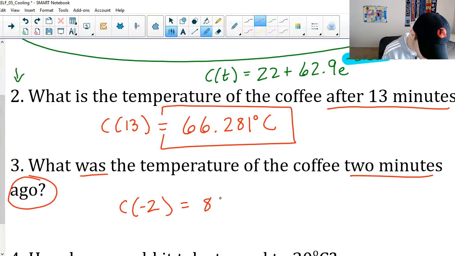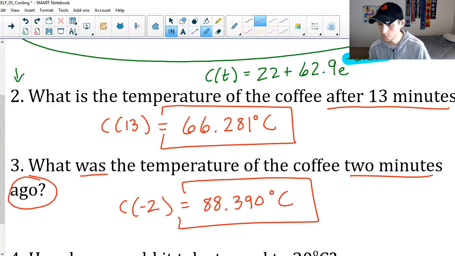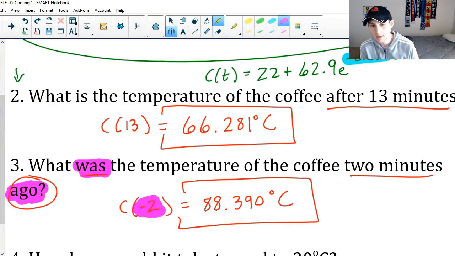I believe we should get 88.390 degrees Celsius. The key thing to make sure you don't mess up on is, since it's talking about the past, we make sure to use that negative.